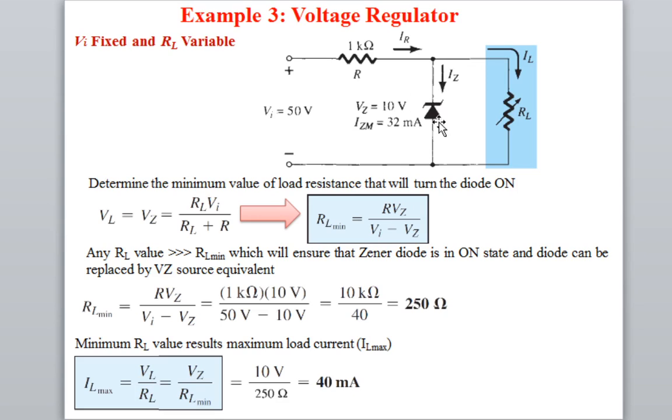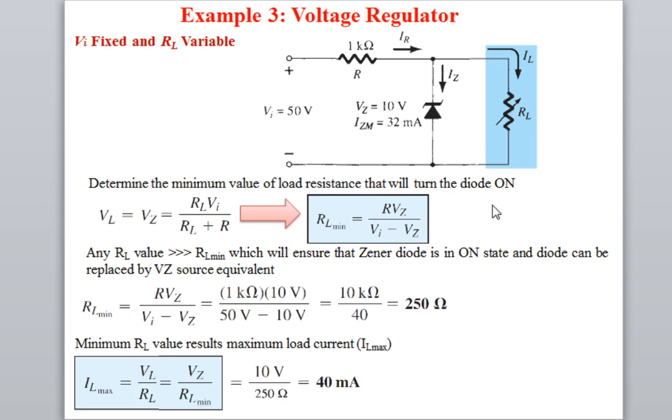Whatever, we don't know whether it is conducting stage or non-conducting stage, first we will assume that this diode is in conducting stage. If the diode is in conducting stage, it means this diode will be replaced by a battery of 10 volt, so the voltage across the load will be 10 volt.